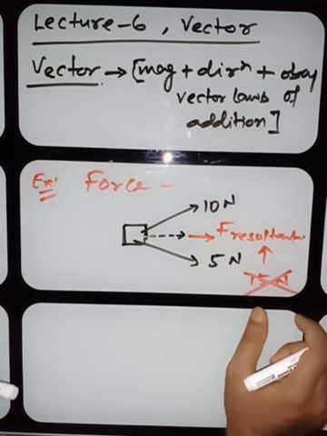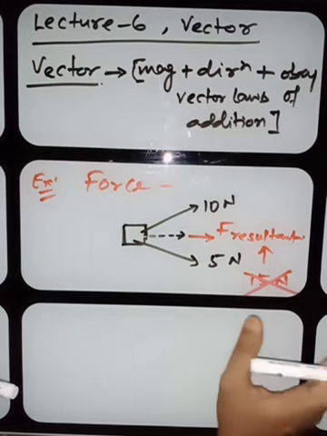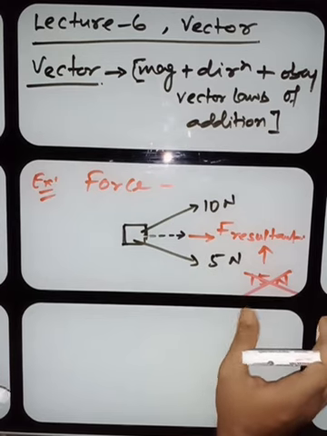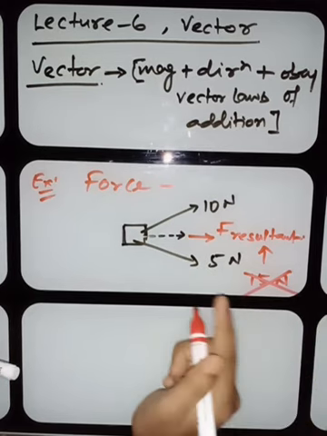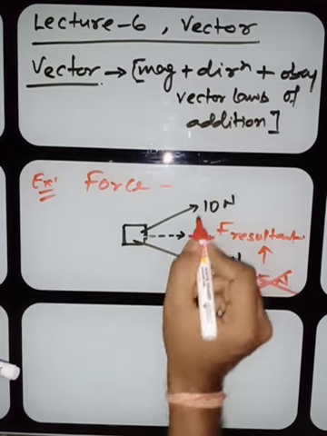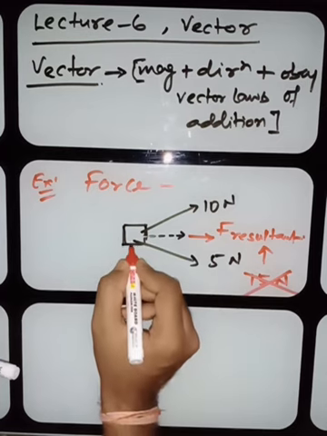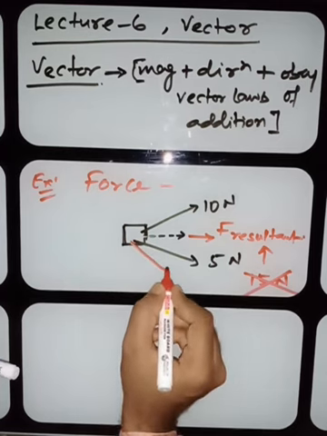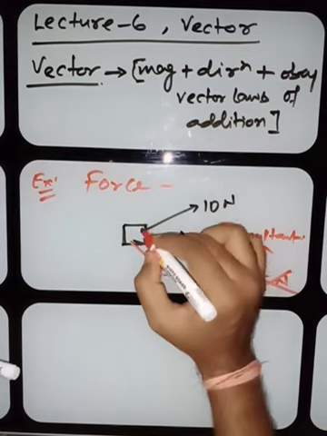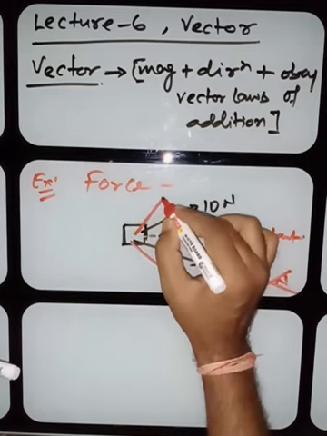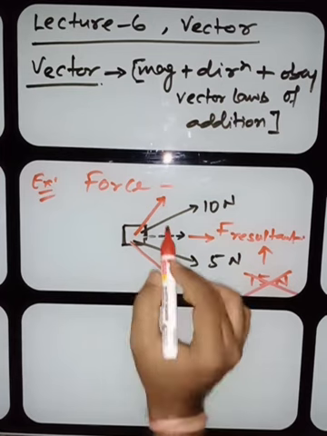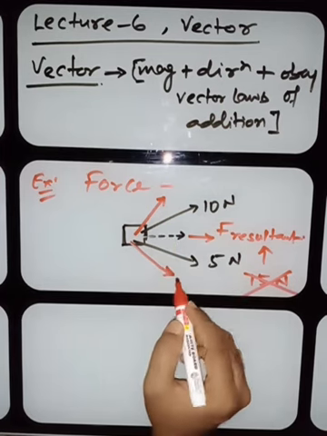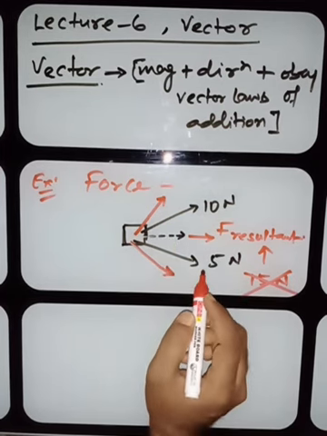We will study that. Suppose, why it is not 15 Newton, I am giving you an example. If you are adding this 5 Newton and 10 Newton as 15 Newton, then what will happen if the force is a little bit more diverted? If this is 10 Newton and this is 5 Newton, then again you will say yes, it is 15 Newton.